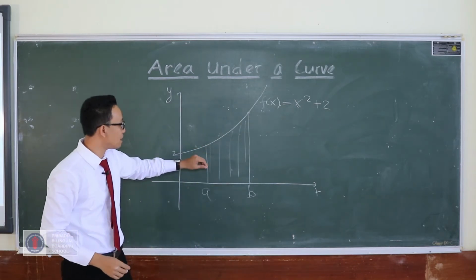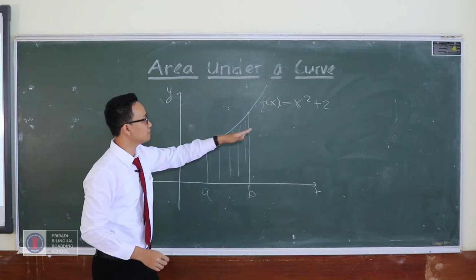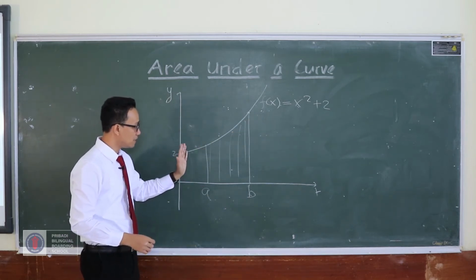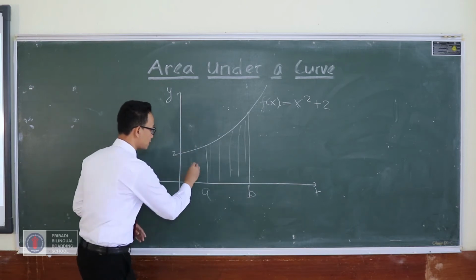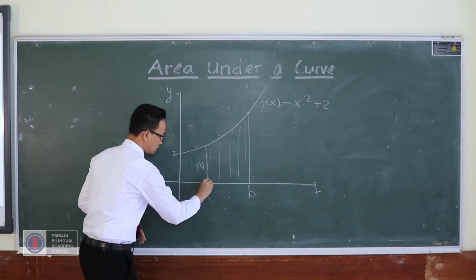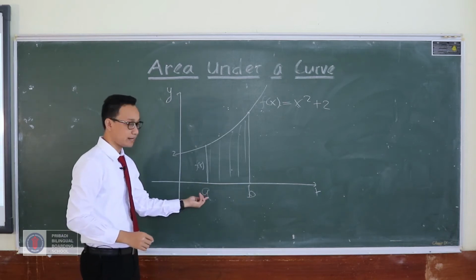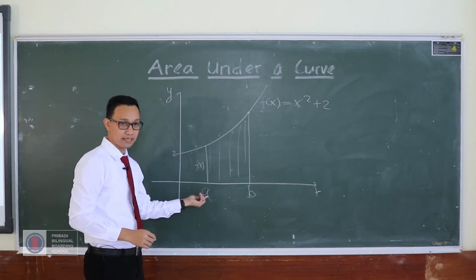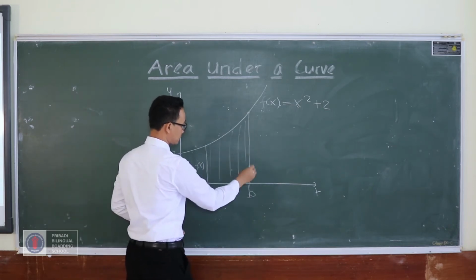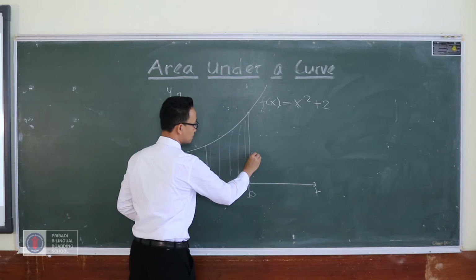So this shape is bound by this function. The function is x squared plus 2. And then the next bound is this f(x) here, or y. This f(x) at a particular x, we call it at a. And then we also have the next boundary, it's f(x) as well.